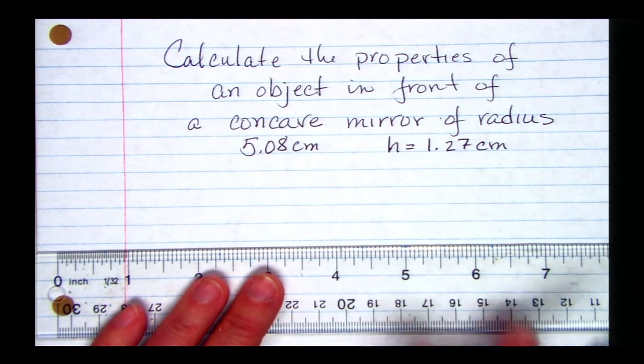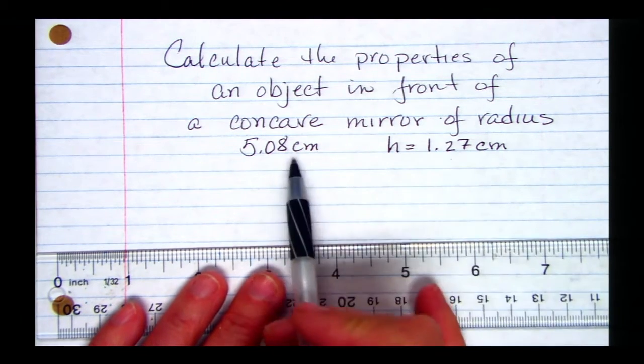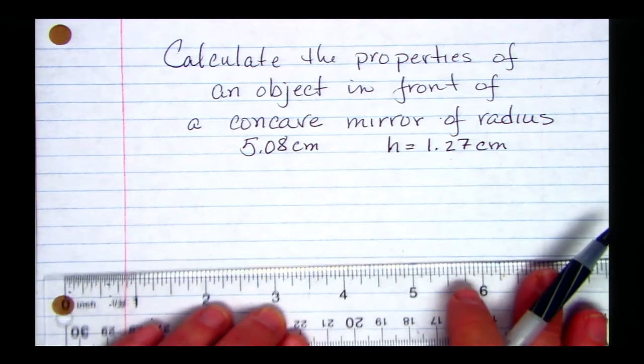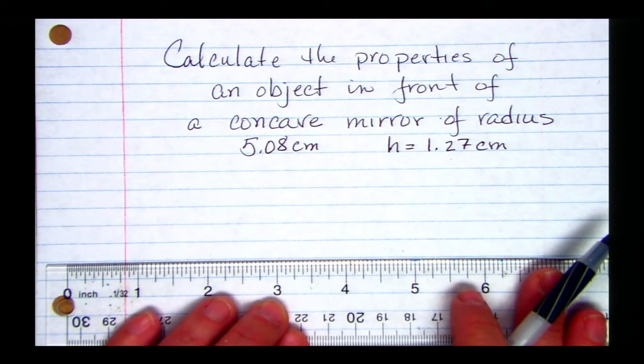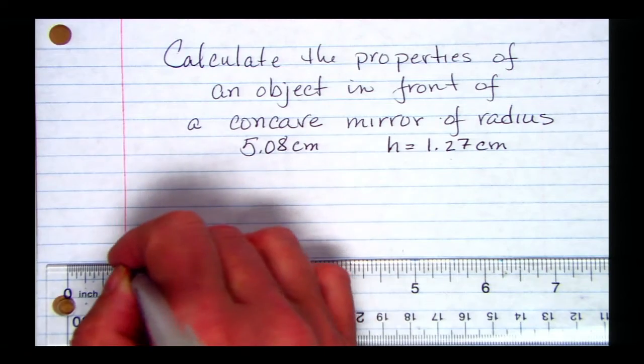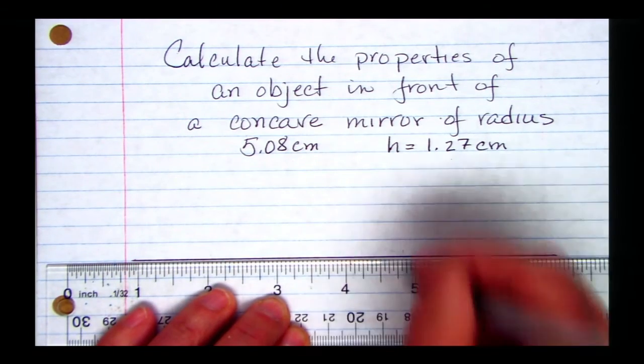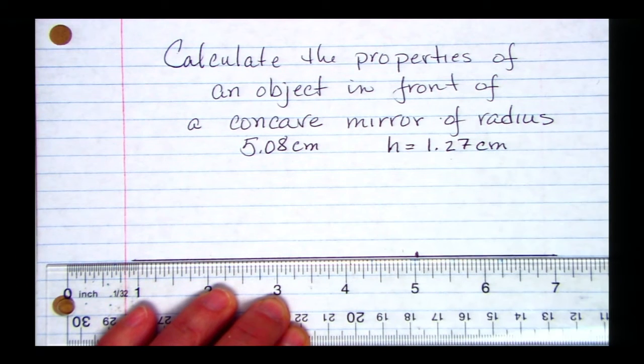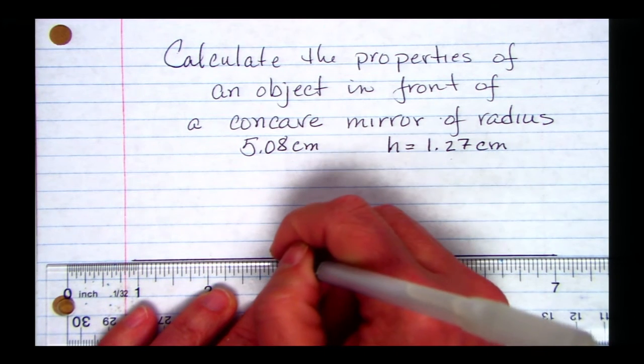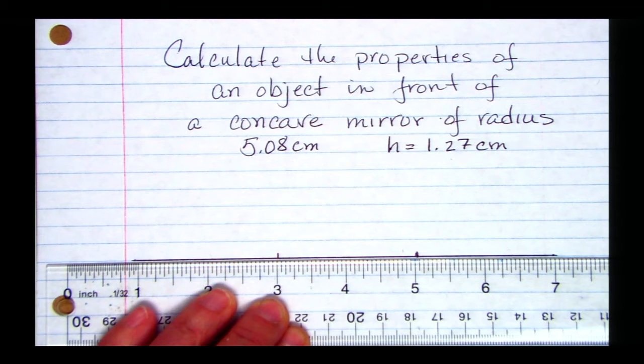So I'm going to draw my principal axis. Okay, I'm going to draw my principal axis. This is where I'm going to put my mirror. This is the radius of curvature, that's the radius of curvature. And my first object, I'm going to put at 6.35 centimeters.